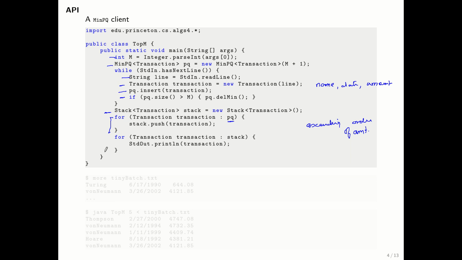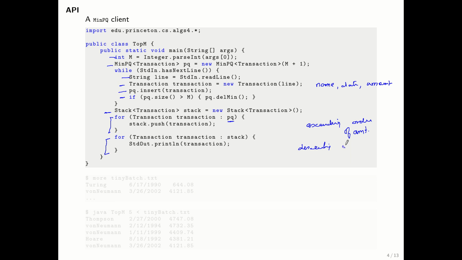So once this for loop is done, what is the topmost element on the stack? Well, it is a transaction object corresponding to the largest amount. All right, so if then you traverse the stack, or if you iterate over the stack and print out the transaction objects, those are going to come out in descending order.